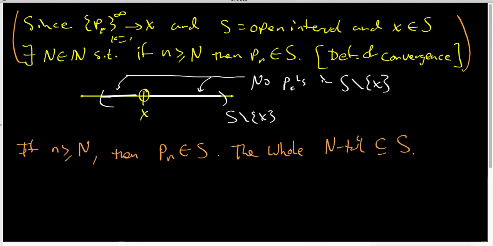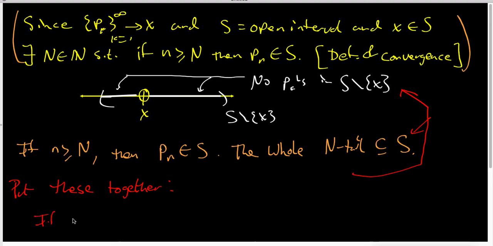And if you look at these two statements together, they have an important implication. Put these together, and we find that if n is bigger than or equal to capital N, then Pn has to be inside S, and it can't be inside any of that white.